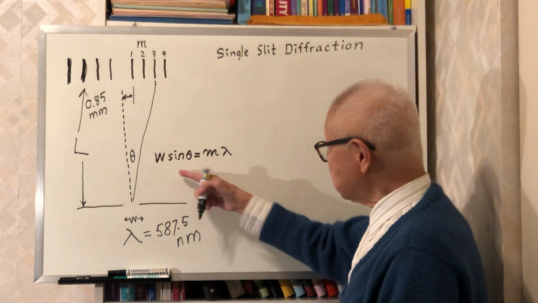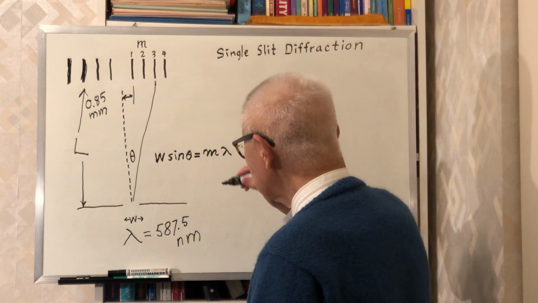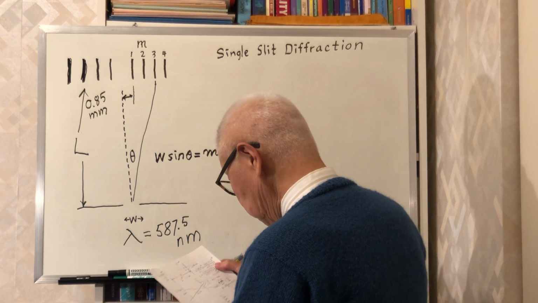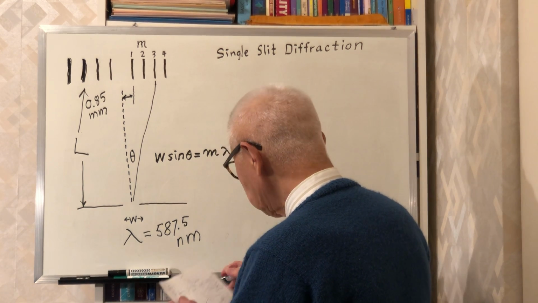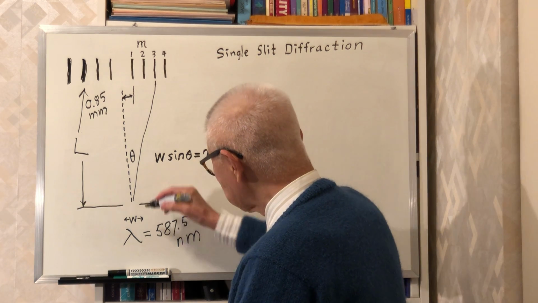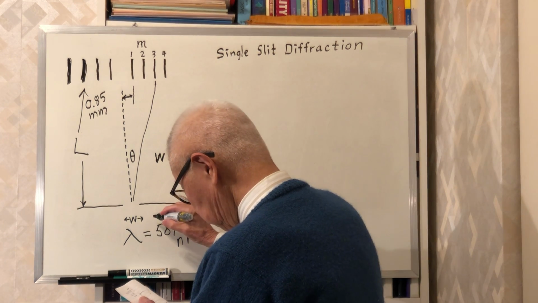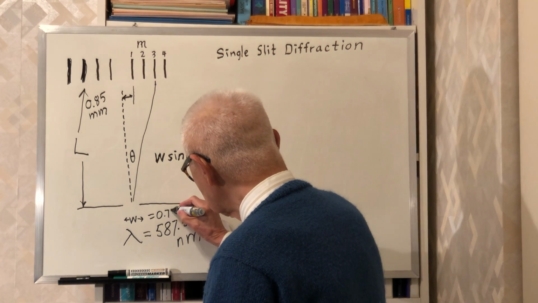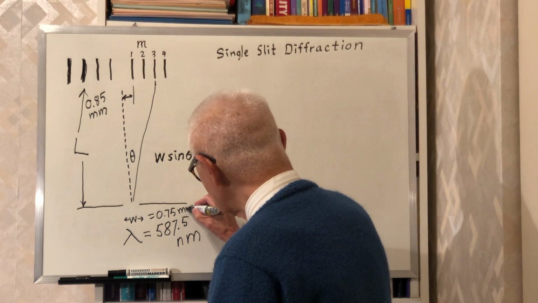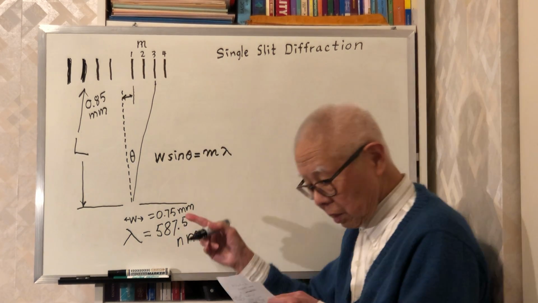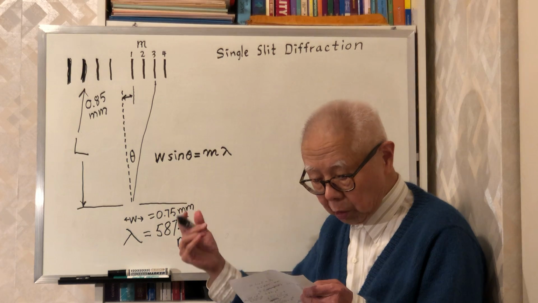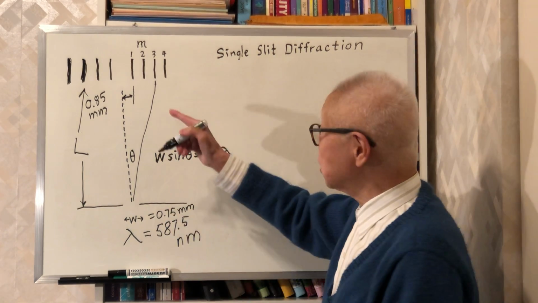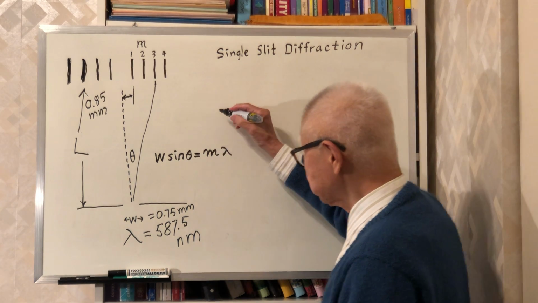Let's use this formula. Is this given? Oh, this is also given, W. The width of the slit is given. So we put all the numbers into here.